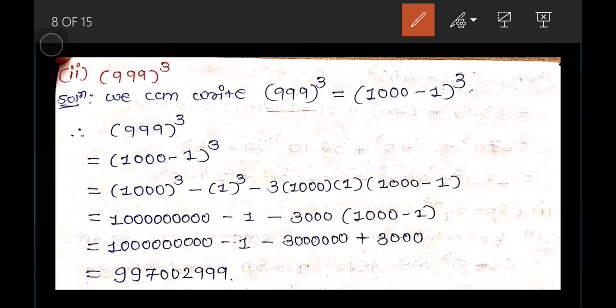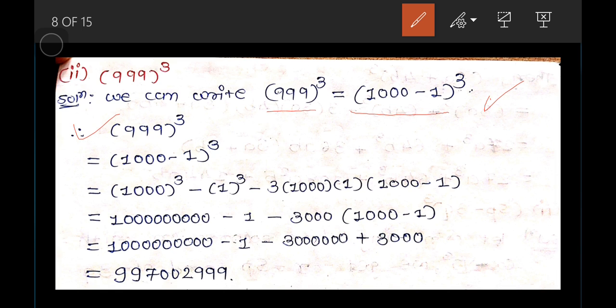So 999 cube is equal to (1000 - 1) cube. As given, you can compare this expression with identity number 7, that is (x - y) cube. So let us put these values in that identity and find the cube of 999.